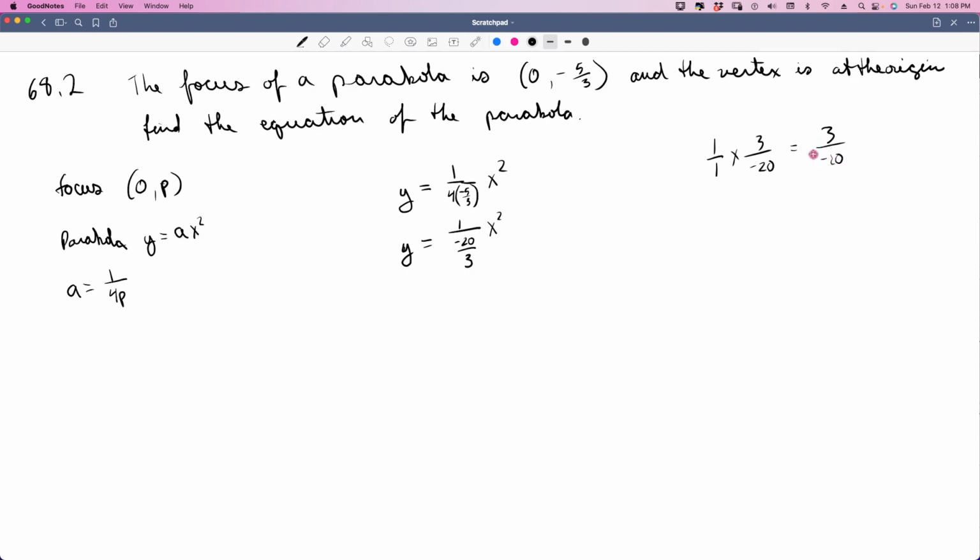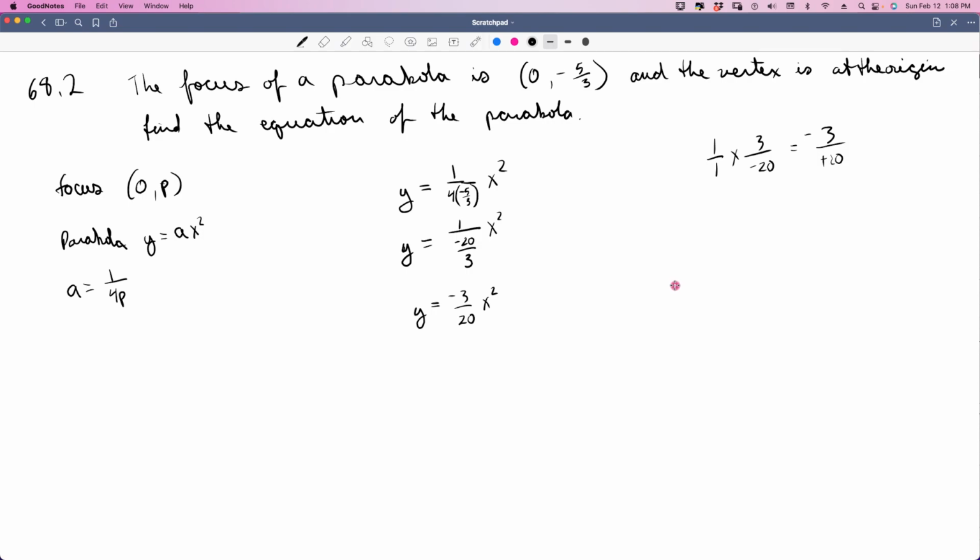And we shift that negative symbol to the top because we know we multiply the whole thing by -1, and that will take care of that. So y is going to be equal to negative 3/20 x squared. And that would be the equation of the parabola which has a focus of negative 5/3 as the y term.